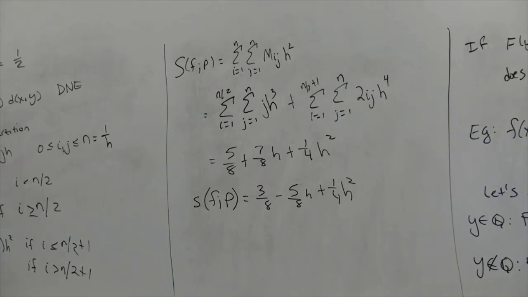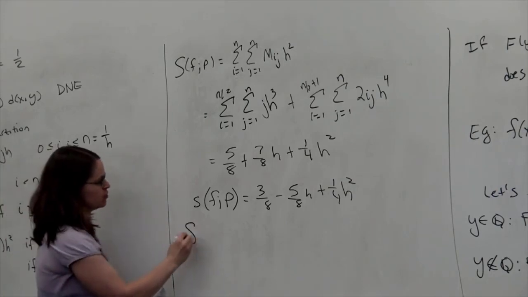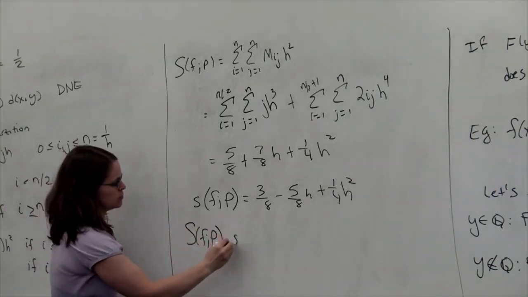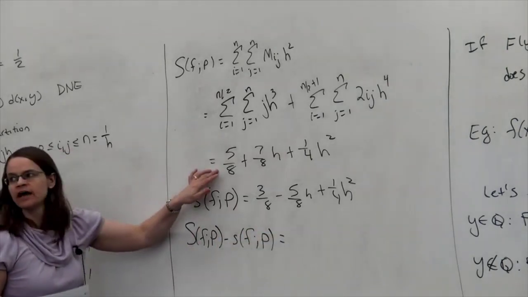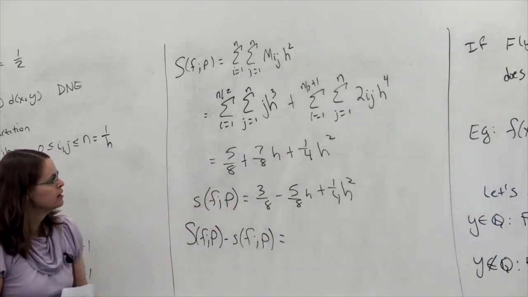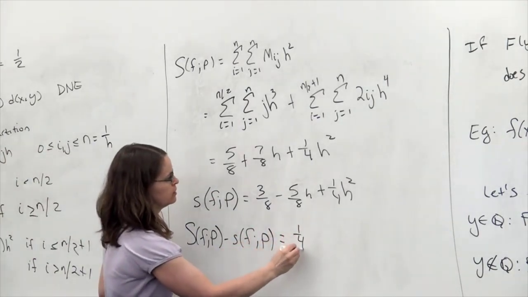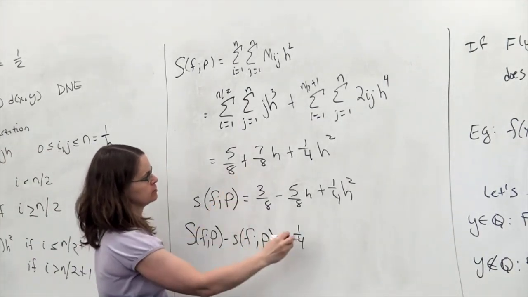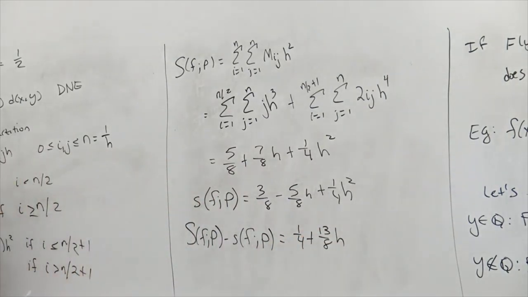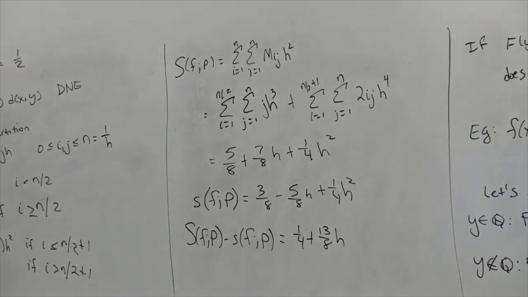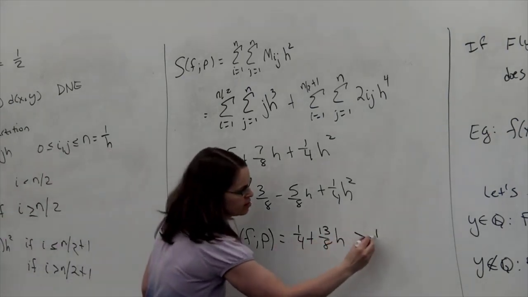But these are not particularly close together, right? If I look at the difference between them, well, usually I want my leading order term to cancel, but that doesn't happen here. So I'm left with a 1/4 plus something, and that's greater than or equal to 1/4. And as I refine my partition, as I let h get smaller and smaller, this still stubbornly stays bigger than 1/4.